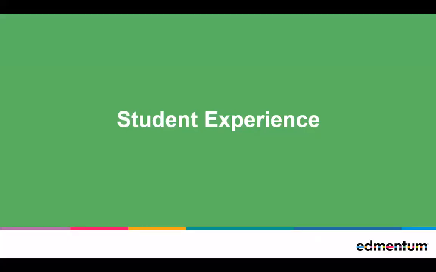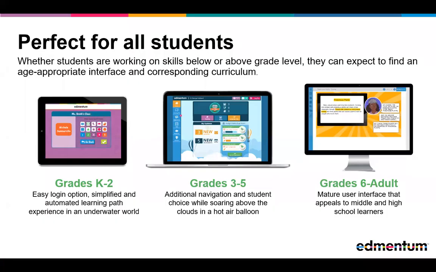Let's take a look at the student experience. Our platform is built for K through adult learners. We have 3 different platforms depending on student age or ability levels. Our K2 platform is a very simplified platform to allow students to easily navigate within the system. We also have a 3-5 platform. Like the K2 platform, these lessons will have an animated style.